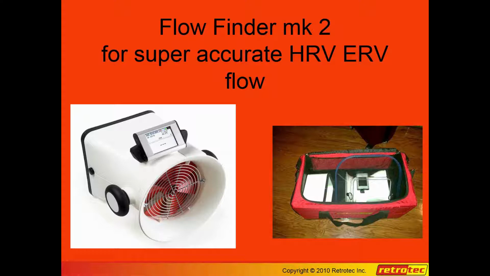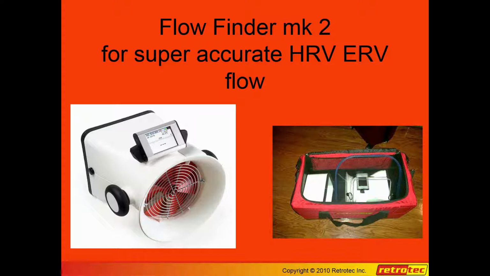This is another new device that has been, I would say, recently developed, except the company that's developed it's been working on it for 6 or 7 years and put a huge amount of R&D into it, and we feel it's the best device made for its purpose, and it's called the Flow Finder Mark II. And it is by far the most accurate flow measurement device that you can get when you're measuring HRVs or ERVs.